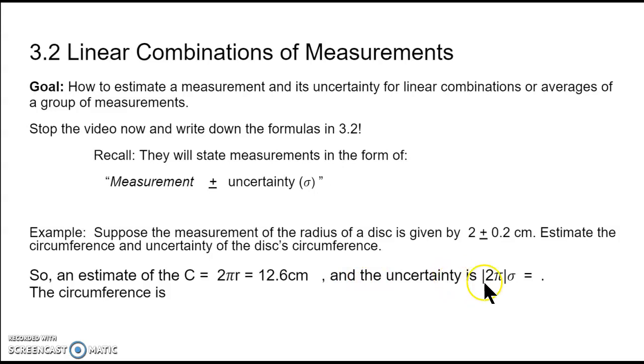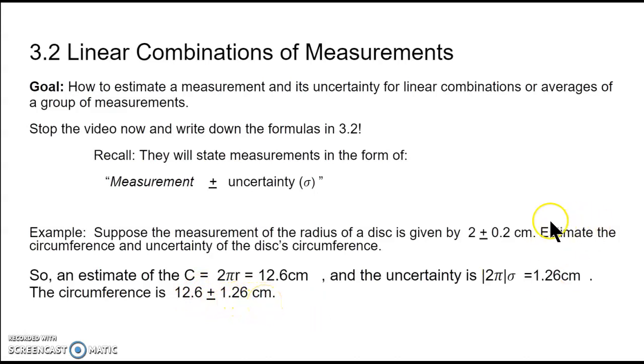And then the uncertainty will be 2 times pi, that's the constant, the multiple, times the standard deviation. That's the formula you have: absolute value of c times the standard deviation, and we get 1.26 centimeters for the uncertainty. And what we say is that the circumference is 12.6 plus or minus 1.26 centimeters.